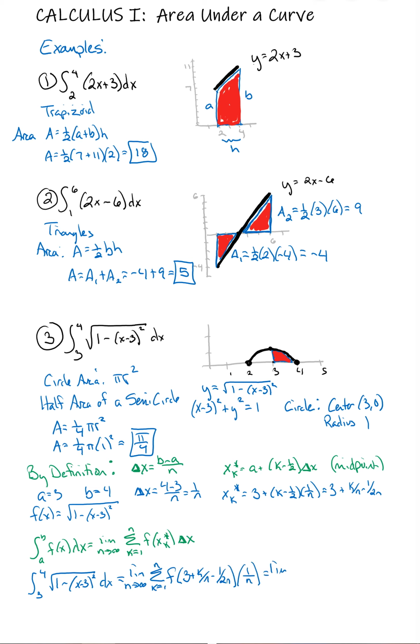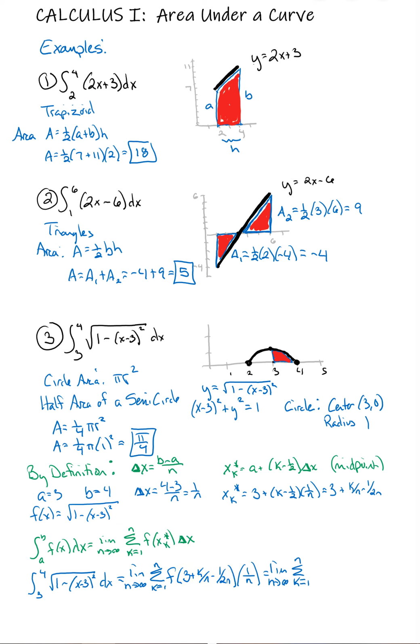That would be the limit as n goes to infinity of the sum, k goes from 1 to n, of, now all I'm going to do is evaluate this function f of my x sub k star. So I'm going to put this bit inside into the function.